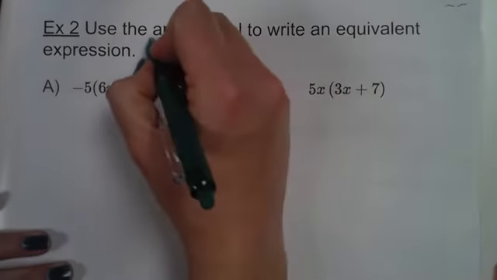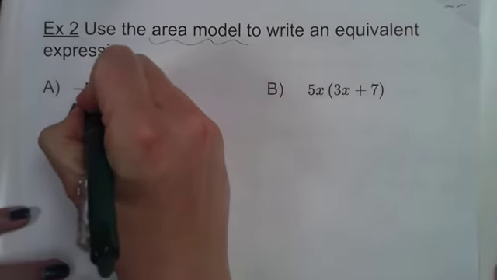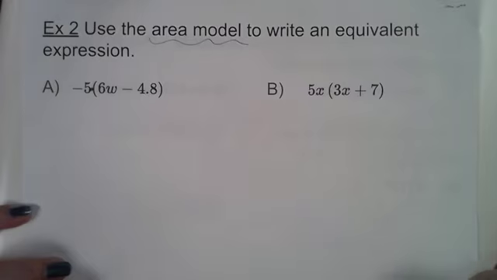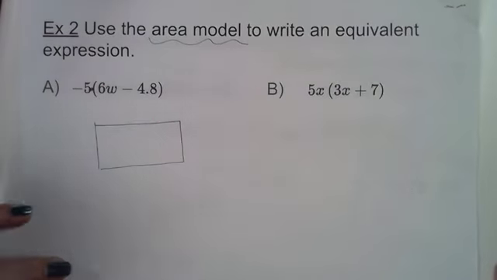So we're going to use an area model. We want to draw what this could look like, because when we multiply, we are just finding the area of some rectangular shape.